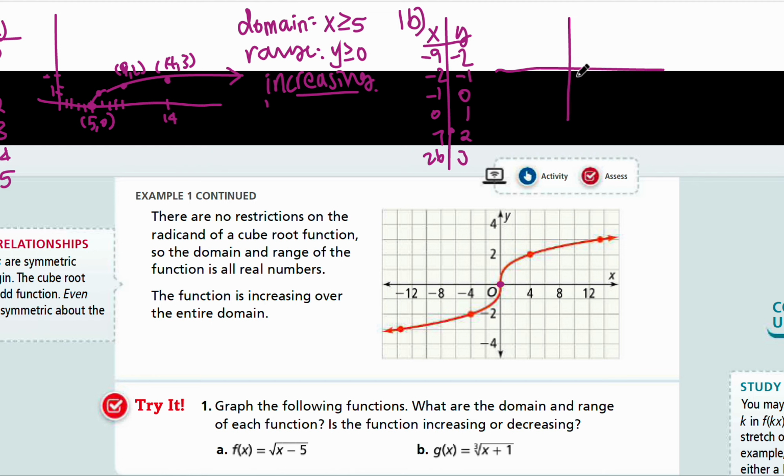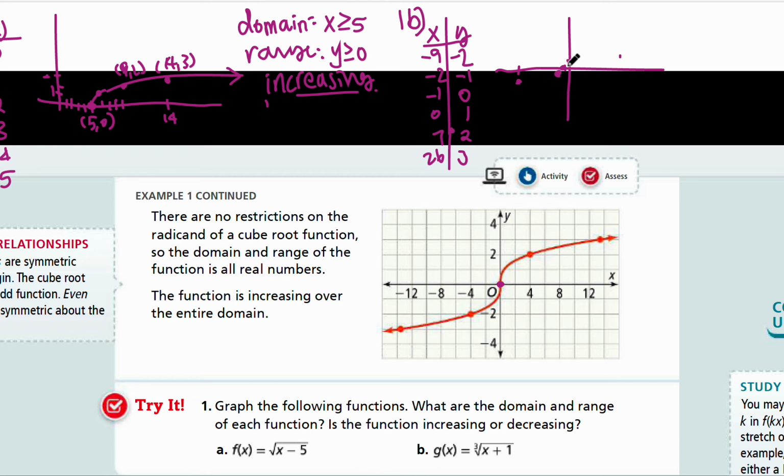Okay, so you're going to have -9, comma -2, and -2, comma -1, and then -1, comma 0, 0, comma 1. There's no 0, comma 0. I didn't mean to put that point over there. So this one, and then this one, and 7, comma 2, and 26, comma 3. And so you'll see the 3 little dots that are clustered here.